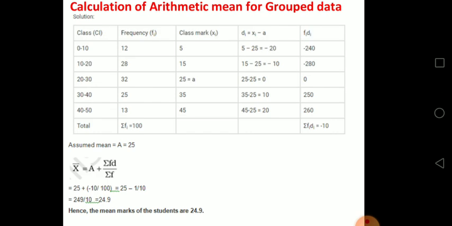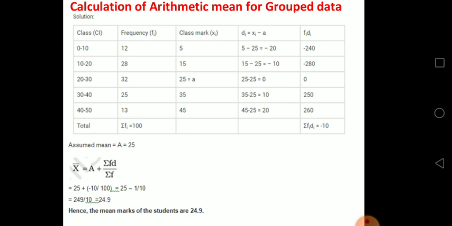The first thing to do is to get the deviation. And here we have what we call the class mid value. Since we have classes, you can just take the mid value of each class. For example, for the first class, the mid value is 5, and the mid value can be obtained by adding the upper class boundary and the lower class boundary.